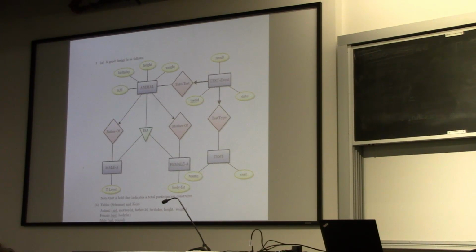Similarly, if you were to use a design like this, what you're saying is each animal may take the same type of test only once. Okay? Do you remember that discussion? And how we fix this is, in order to model the fact that an employee may work for the same department over different periods of time, multiple times, you introduce another entity set called duration or period.